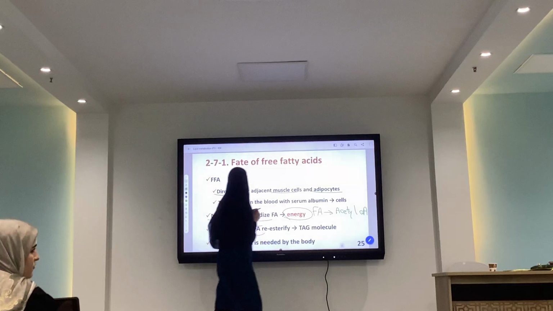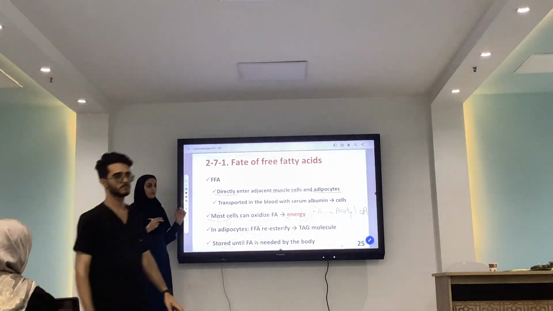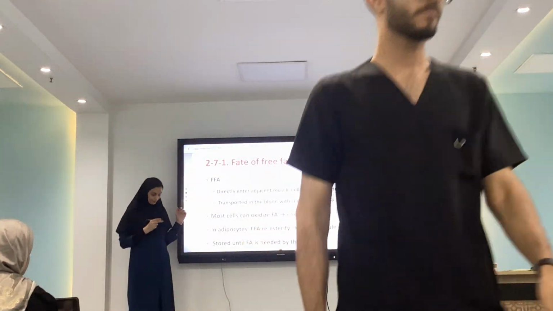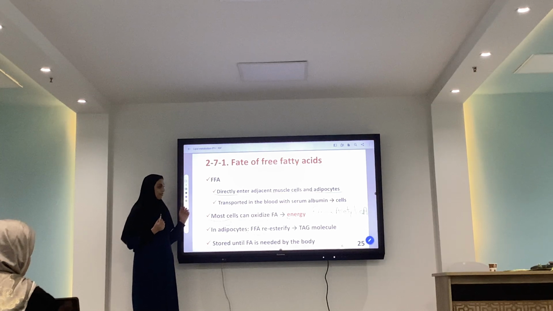To complete the circle, the free fatty acid directly enters the muscle cell membrane and adipocytes. And after that, it goes to blood circulation, entering blood circulation by serum albumin. Exactly. This is a protein. Yeah, protein.